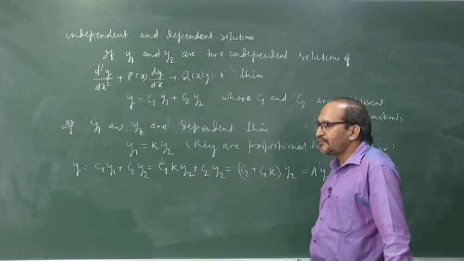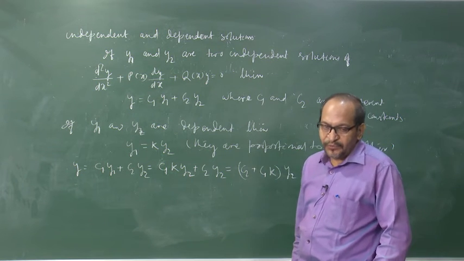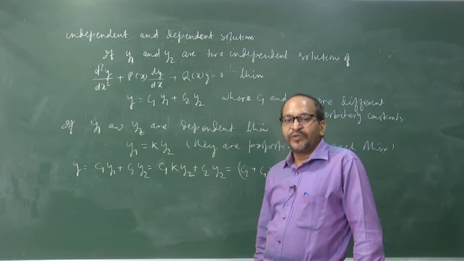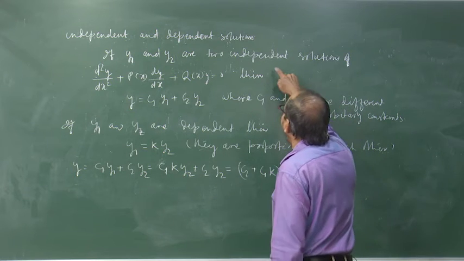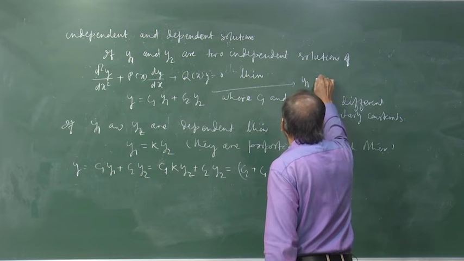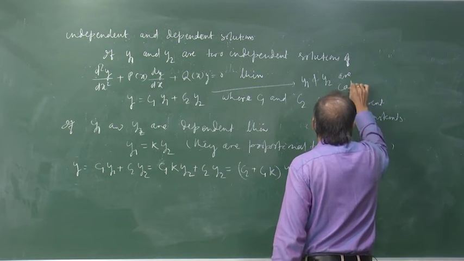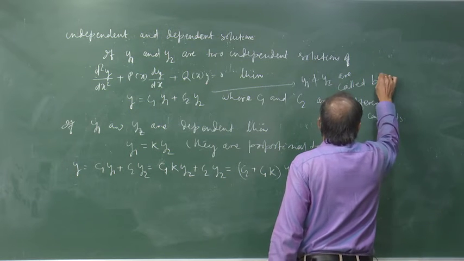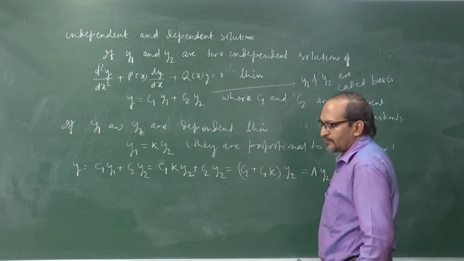Now, if y1 and y2 are two independent solutions, in this case y1 and y2 are called basis solutions.